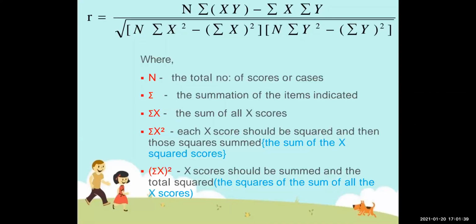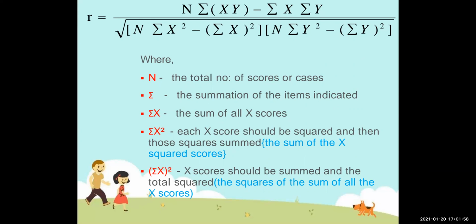Now, when we apply this formula, N is the total number of scores or cases. Sigma is the summation of the items which are indicated. Sigma X is the sum of all the X scores, and sigma X square means each X score should be squared and then those squares are summed.